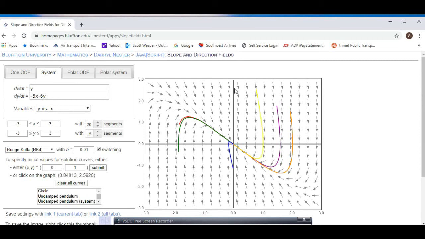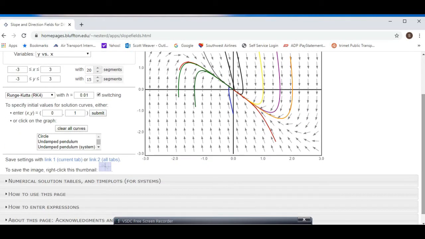It looks almost like a spiral, but it's not a spiral because you can see that everything is actually just coming in along that one line, and that one line represents the eigenvector, the one real eigenvector that there was, or sorry, it represents the eigenvector that we had for the negative value of t. Or sorry, as t gets bigger, this is going to be the less negative of them. Anyway, it doesn't matter. So here we have some of the trajectories, and then we can also look at the time plot.